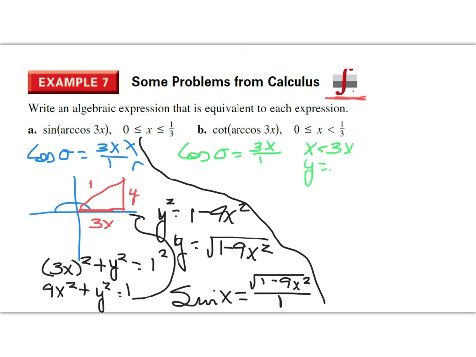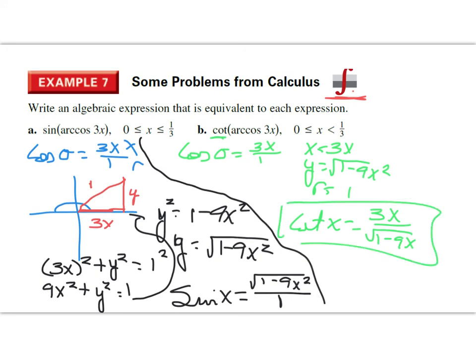We know y is equal to the square root of 1 minus 9x squared. And we know r is equal to 1. So if we're looking for the cotangent, that's x over y. And I wonder, do they go ahead? Nope, they just leave it at that.